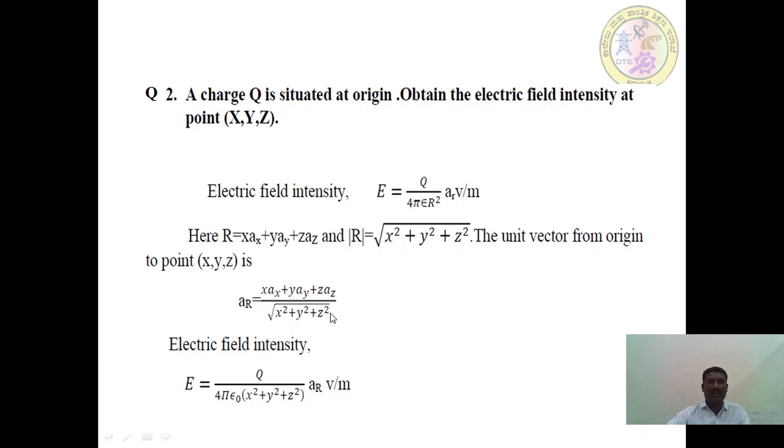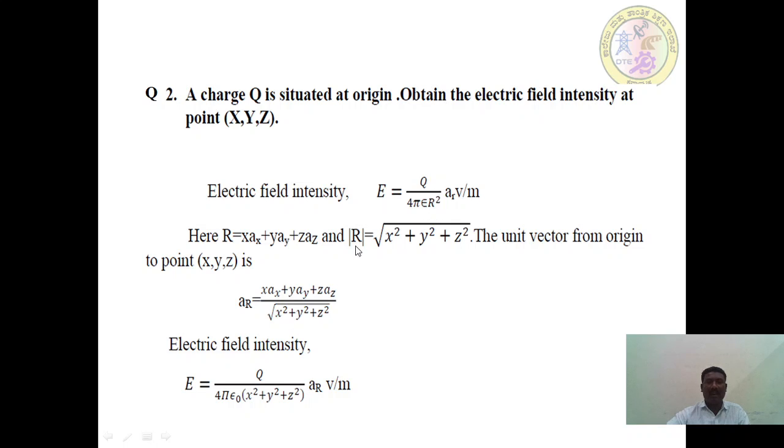Then you can substitute the electric field intensity is equal to, apply the value. See here, 4 pi epsilon is a constant. These are constants. Only we are finding the value of capital R.